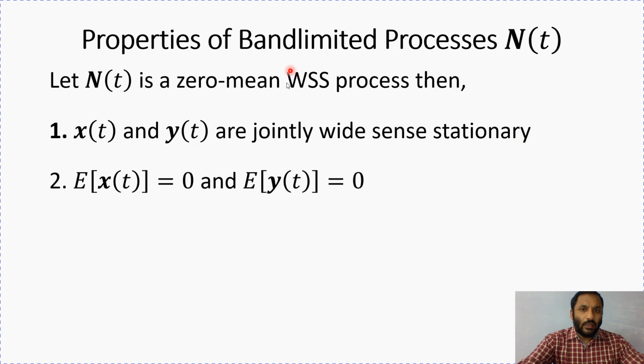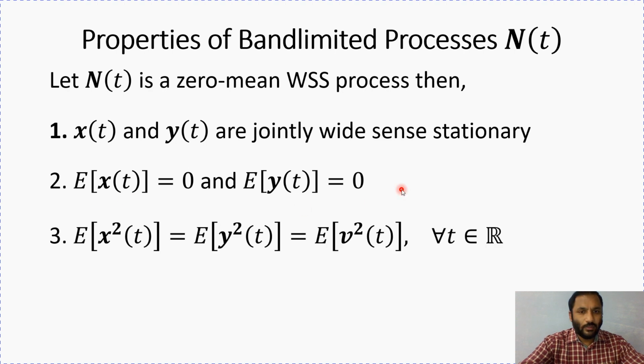Now, if the process n of t is a zero mean process, then the mean of each of these processes is equal to 0. That means the mean of x of t and y of t will also be exactly 0. Now what will happen to the mean square value?